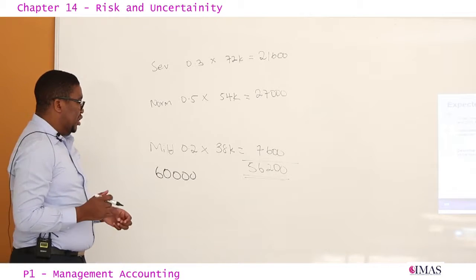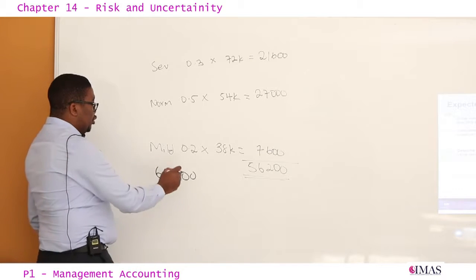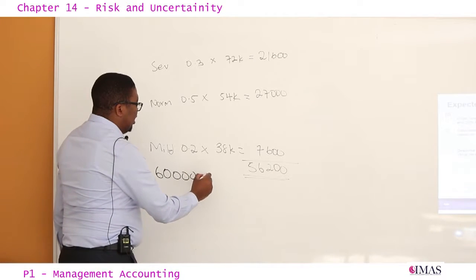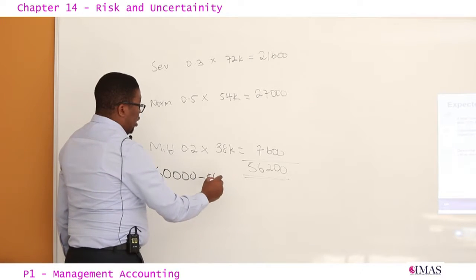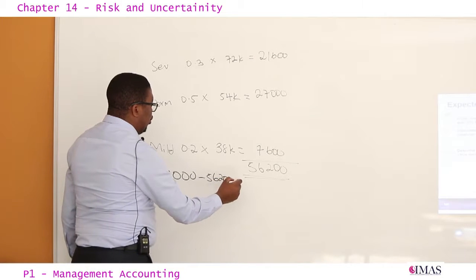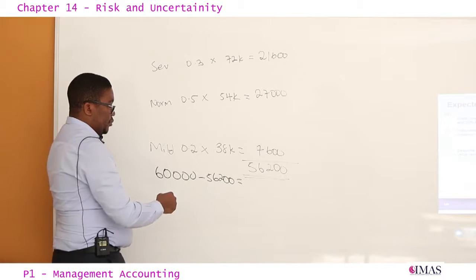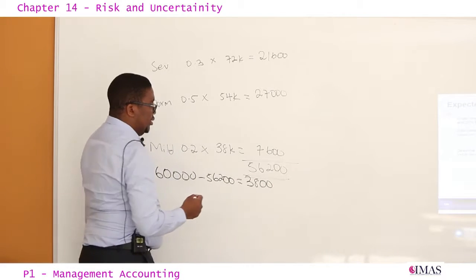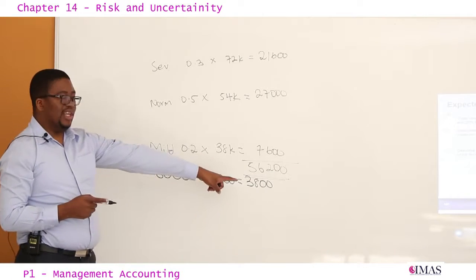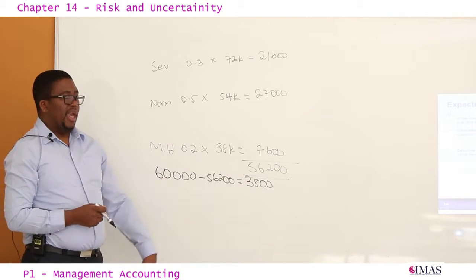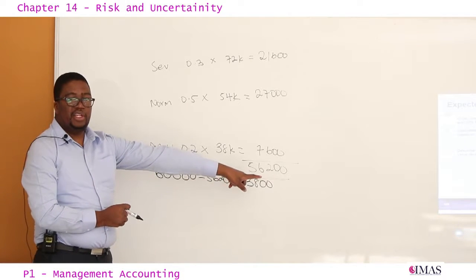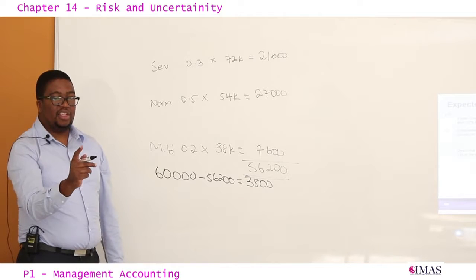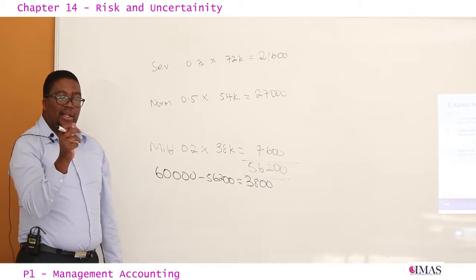Therefore, the best thing to do is to say, if I produce 60,000 and the demand is expected to be 56,200, you're going to sit with 3,800 units of grit that you'll need to dispose. And we know that the grit that you'll need to dispose will be disposed at what total cost?